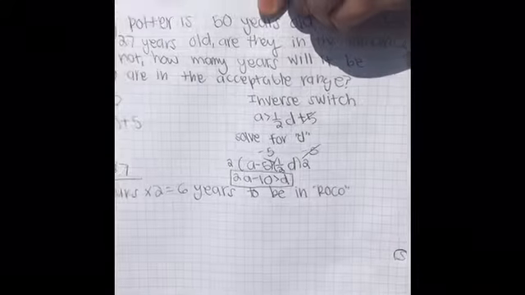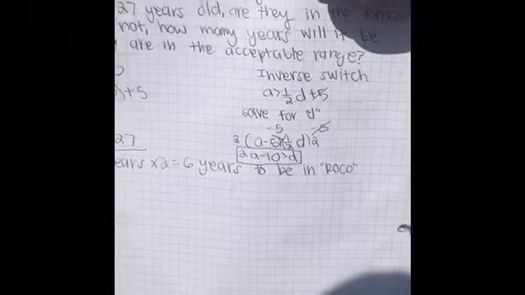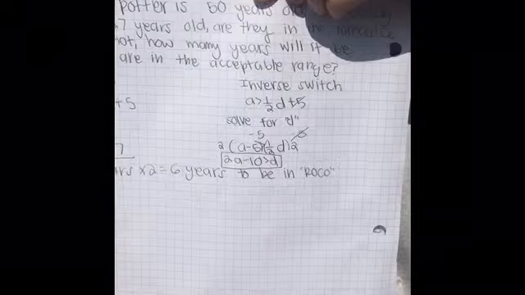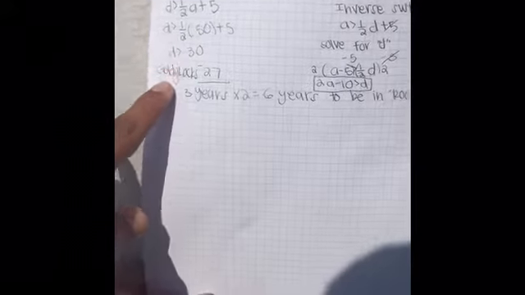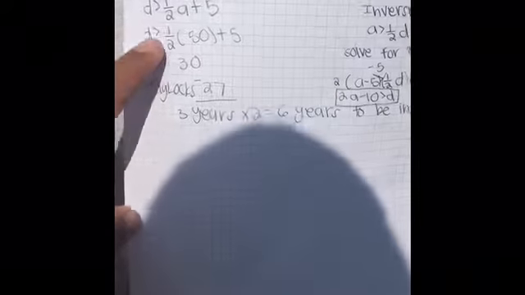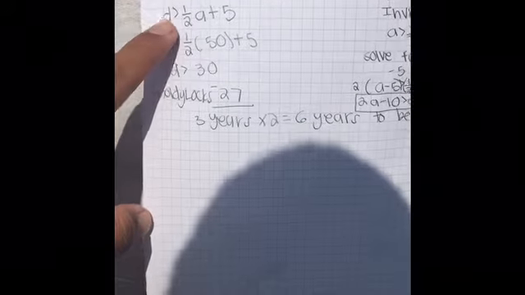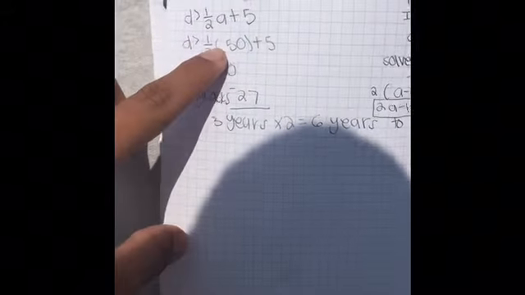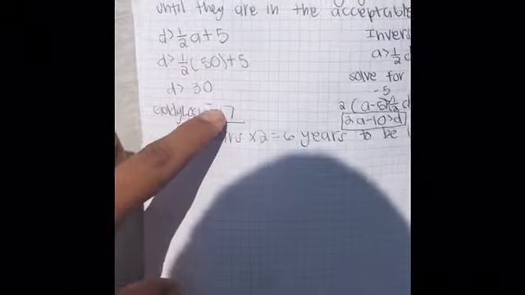Okay, so if Harry Potter is 50 years old and his wife Goldilocks is 27 years old, how many years will it be until they are in an acceptable range to date, or to be married at least? The equation to start with is D is less than 1/2 A plus 5. You would plug in Harry Potter's age here.